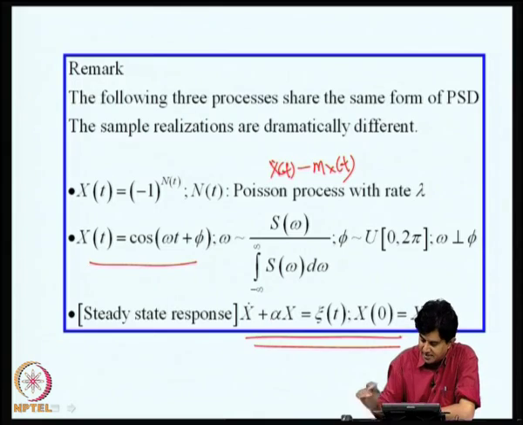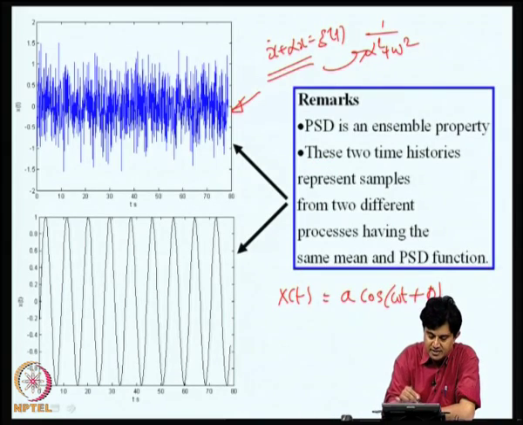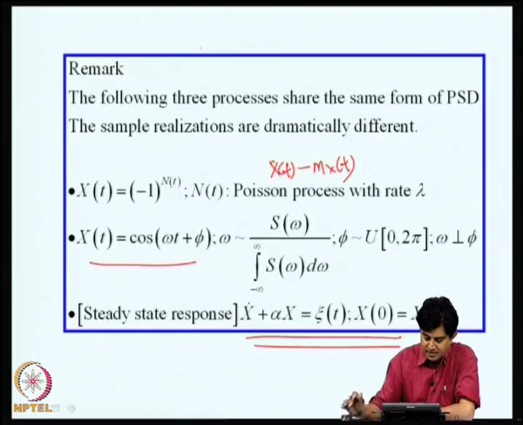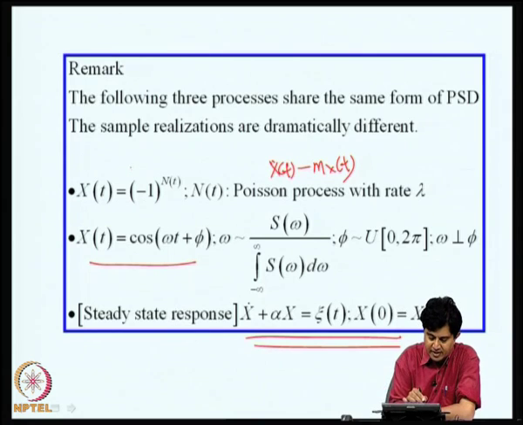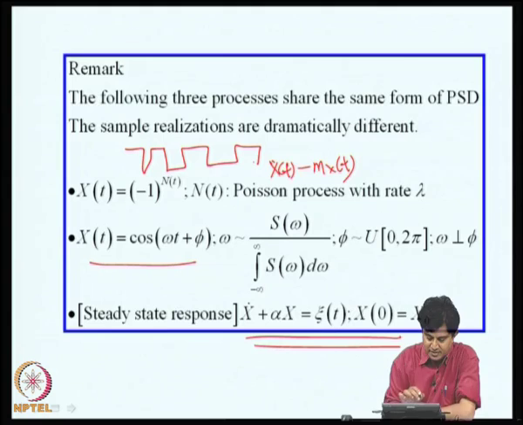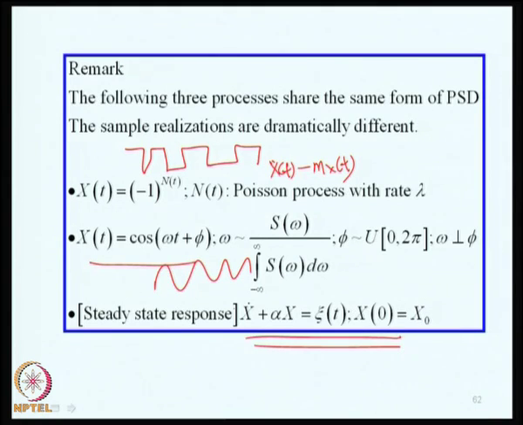But in this case the sample looks something like this. In the first case it is a square wave pulse, in this case it is harmonic. So while interpreting the power spectral density function in modeling, you have to take cognizance of this fact.